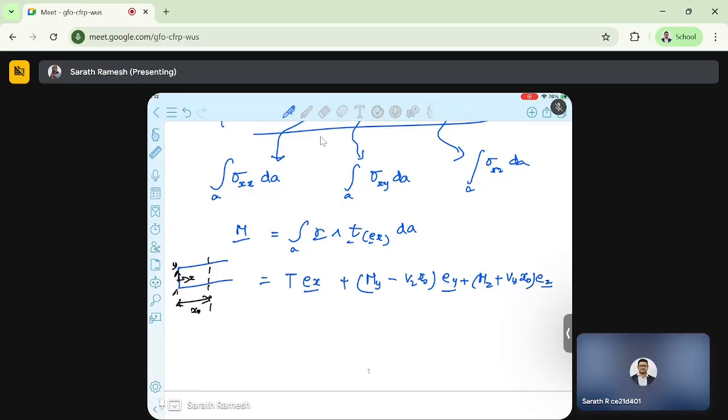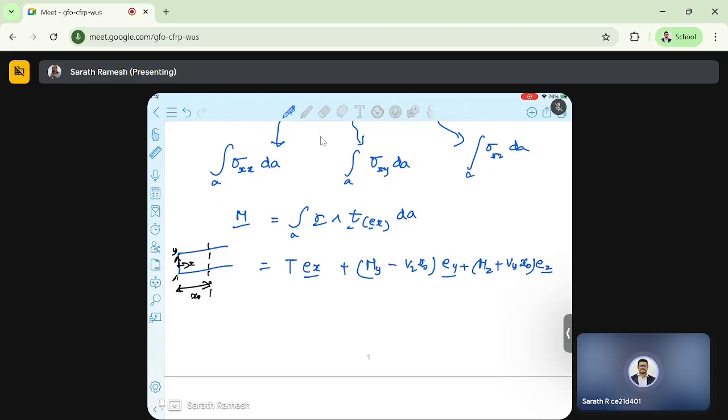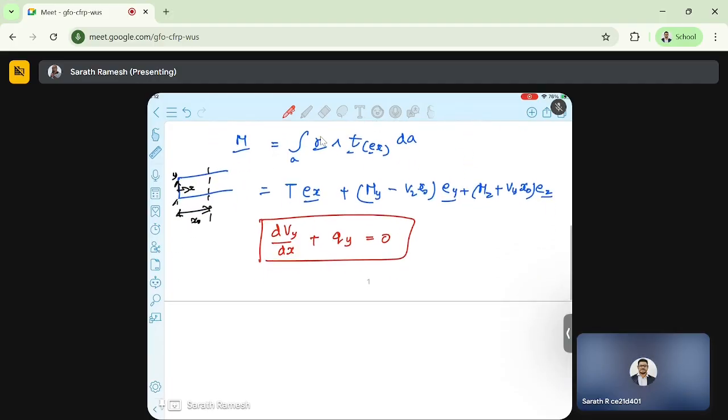Now, this will give rise to the following equilibrium equations, which will help us to solve the boundary value problem. If you put summation of F equal to 0, we get dVy by dx plus qy equal to 0. This is coming from force equilibrium.